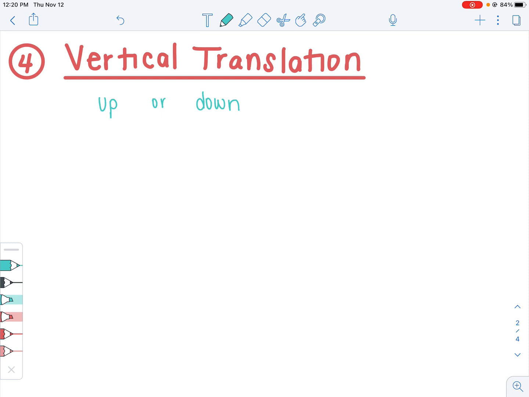And I move up when I take my parent function, so f of x equals sine of x, and I add a number outside, that moves it up. If I take my parent function, f of x equals sine of x, and I subtract a number at the end all the way outside, that moves it down.